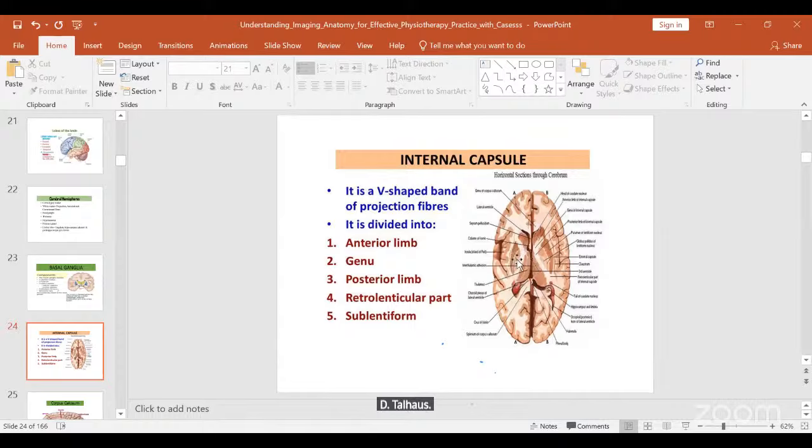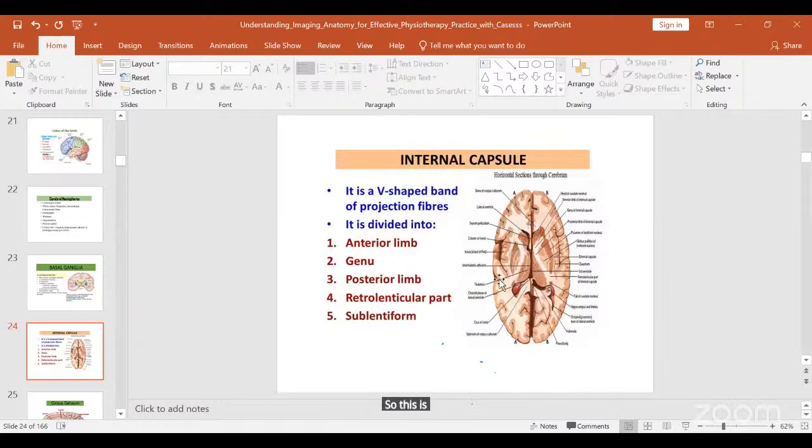Now again, on the lateral side, in between the caudate and the thalamus, there is a white matter structure that separates the two. Can you see it assuming an inverted V-shaped appearance bilaterally?